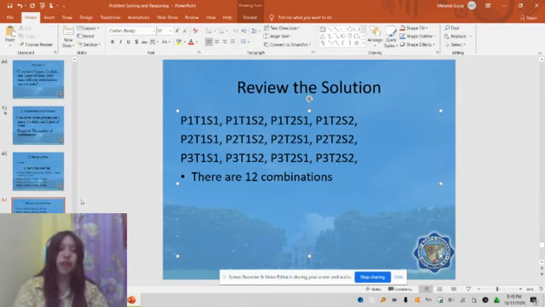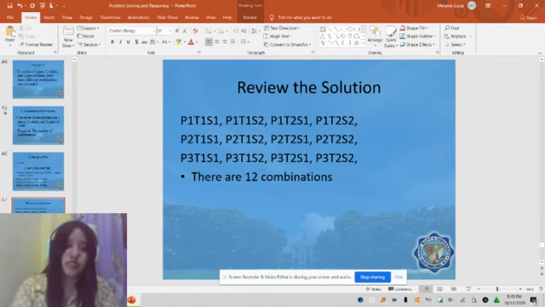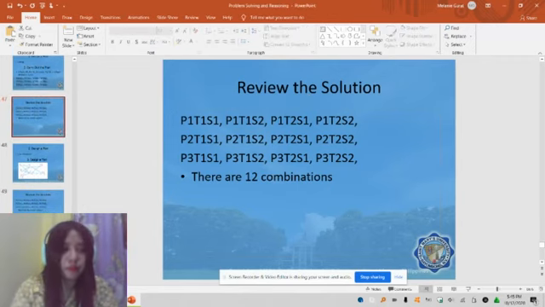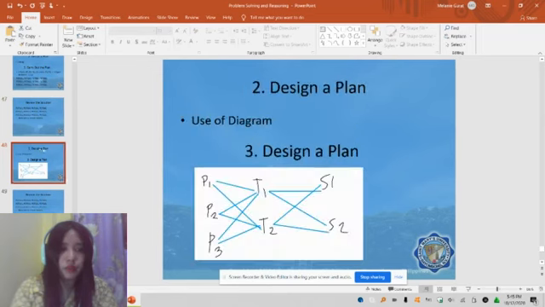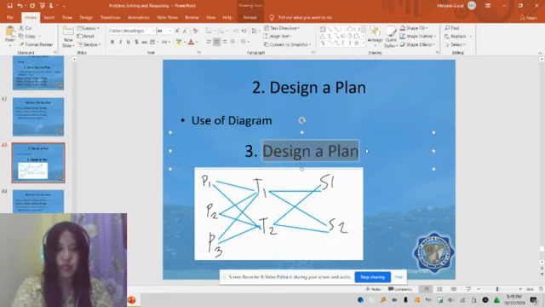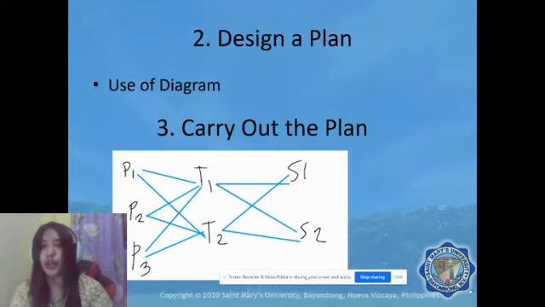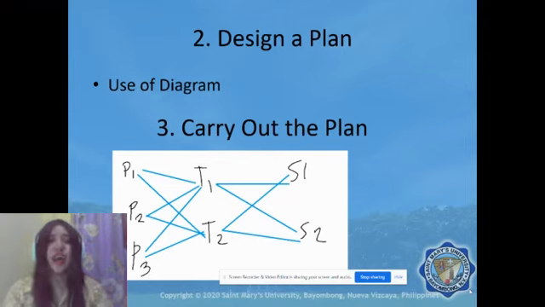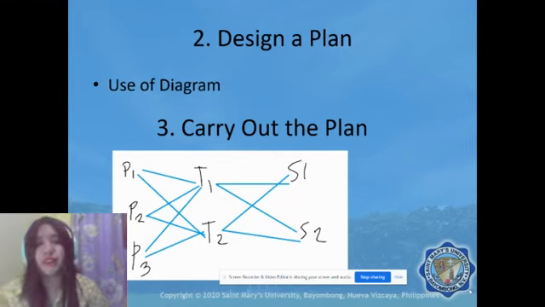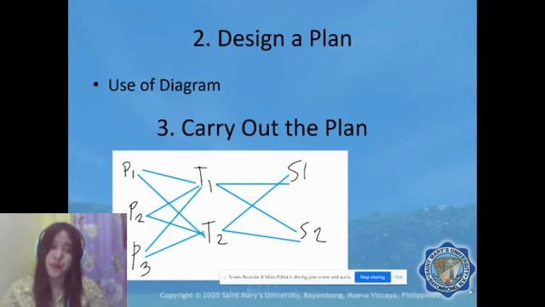So there are 12 combinations. So aside from that, what if instead of doing the listing method, you use a diagram.